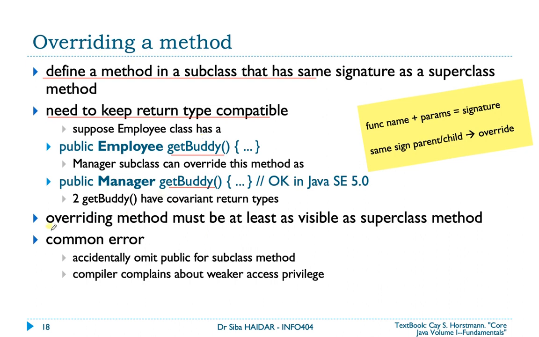So an overriding method must be at least as visible as the superclass method. If the getBuddy of the employee class was public, the getBuddy of the manager class must be public.